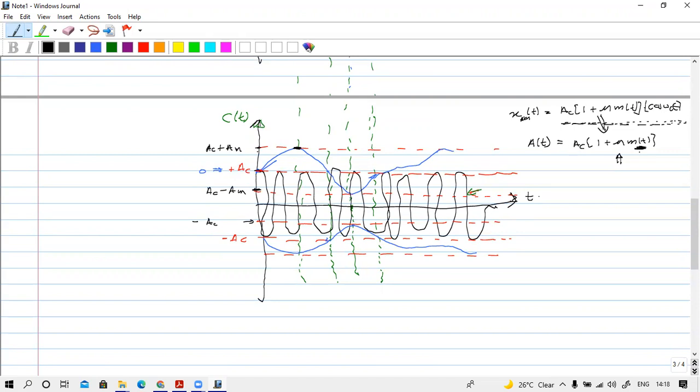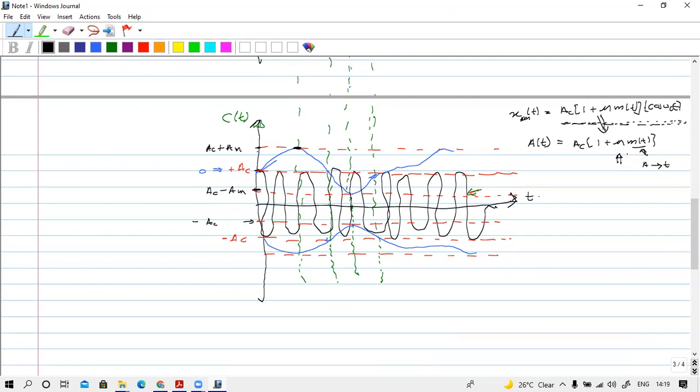This AC is changing according to the m(t) amplitude. m(t) may be a voltage varying signal with respect to time, and that voltage is the amplitude. So the amplitude is changing with respect to t, and because of this part changing, this whole equation changes according to time.